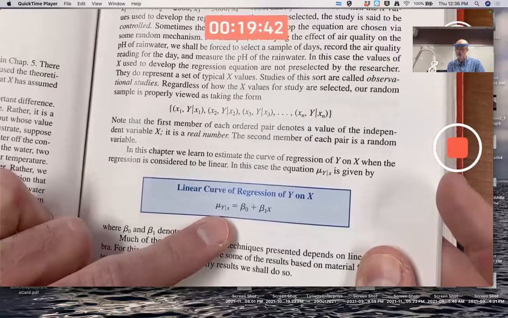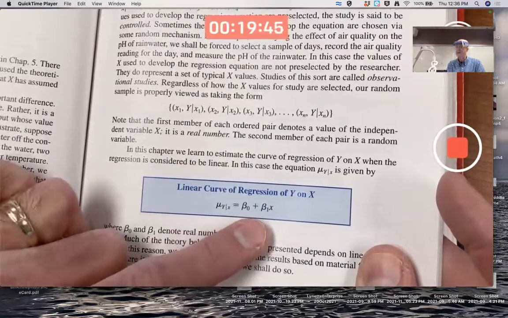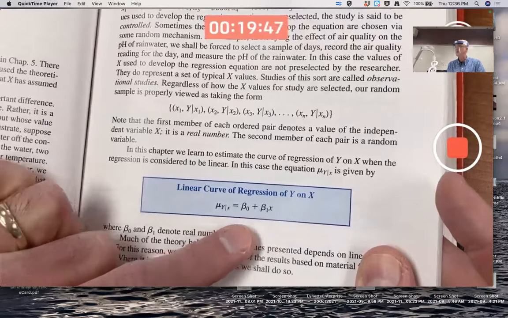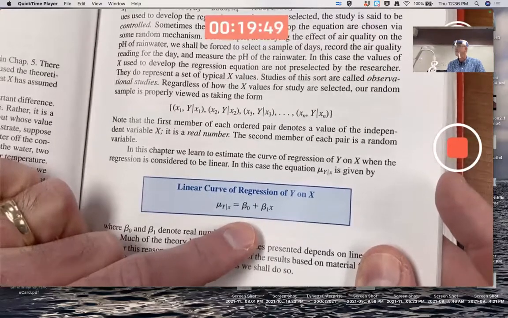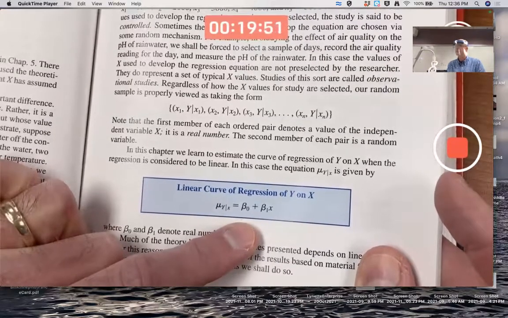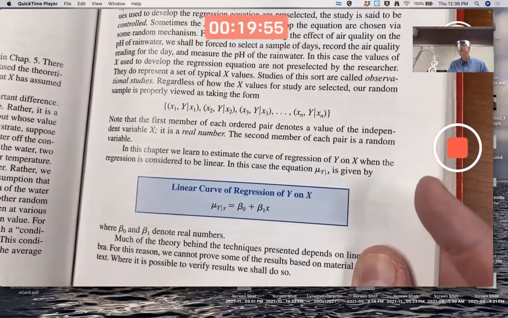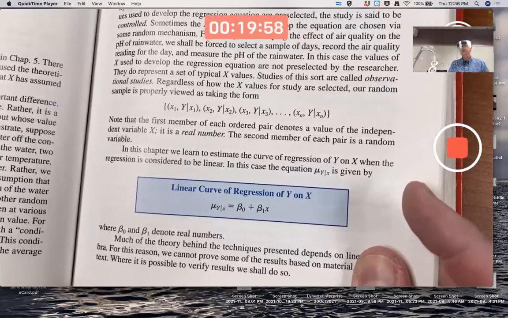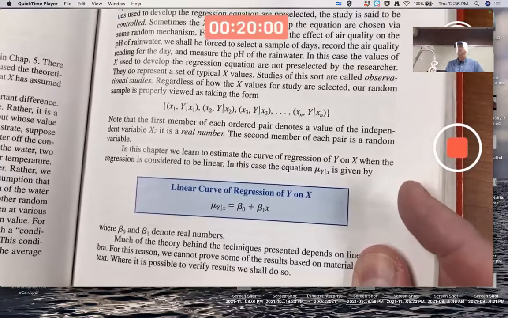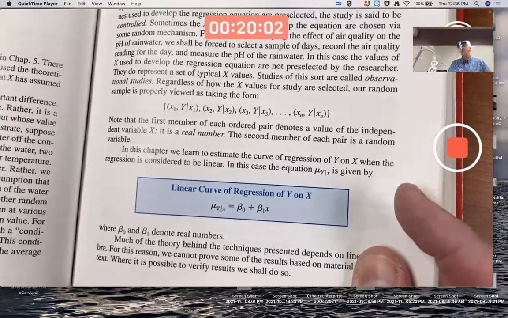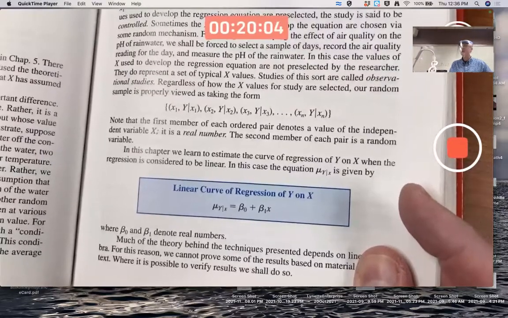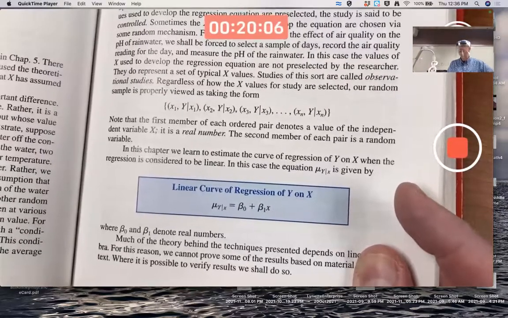The mean of y given x, this unknown parameter, is a linear function of x for some unknown parameters, beta 0 and beta 1. It's an assumption. Is it really true? Probably not. This is applied math. Rarely are our assumptions exactly true. We just hope it's good enough, that it gives us decent answers.